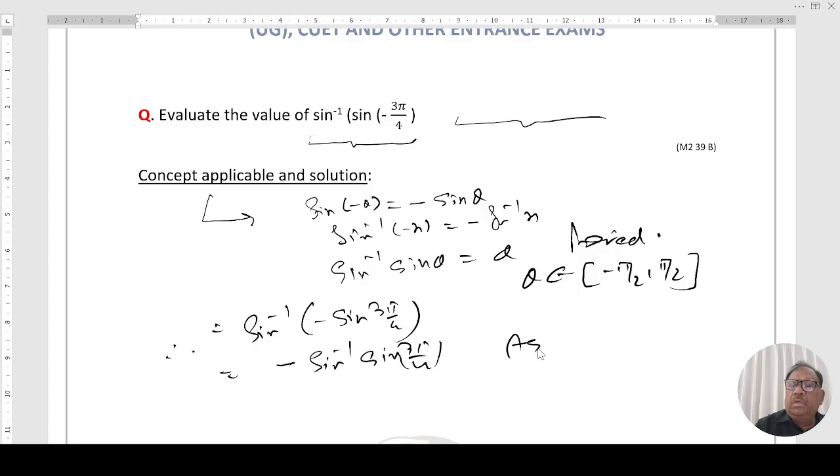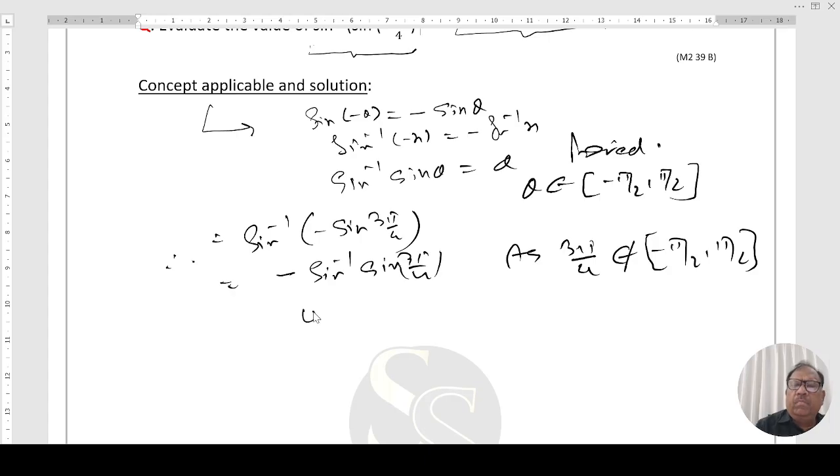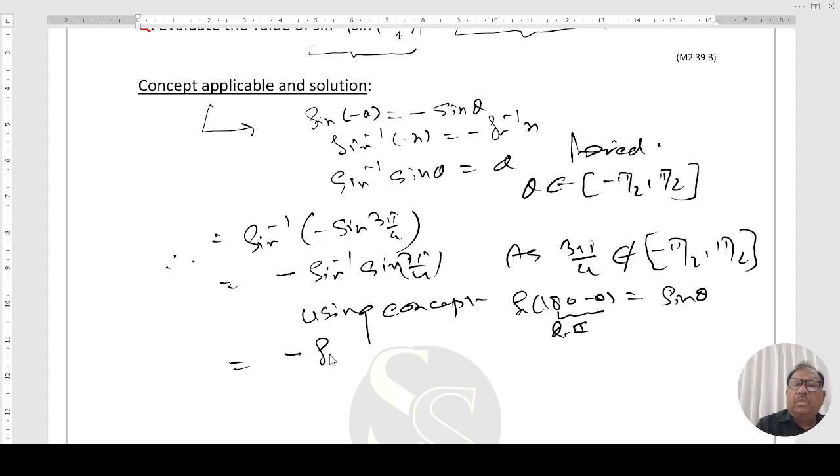Now, as 3 pi by 4 does not belong to minus pi by 2 to pi by 2, using the concept sine of 180 minus theta, second quadrant, equals sine theta, this can be written as minus sin inverse of sine of pi minus pi by 4.